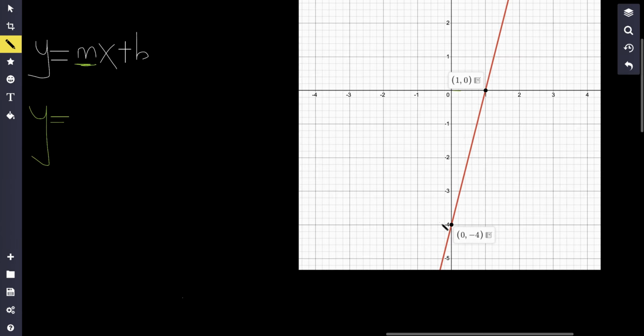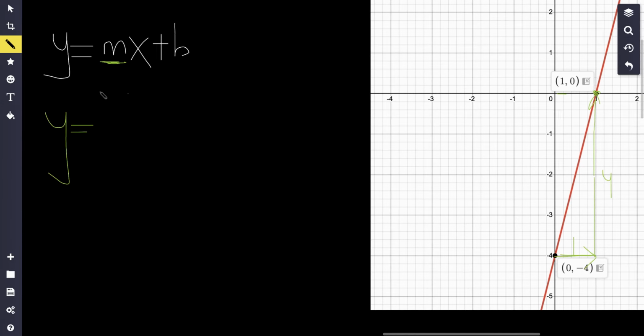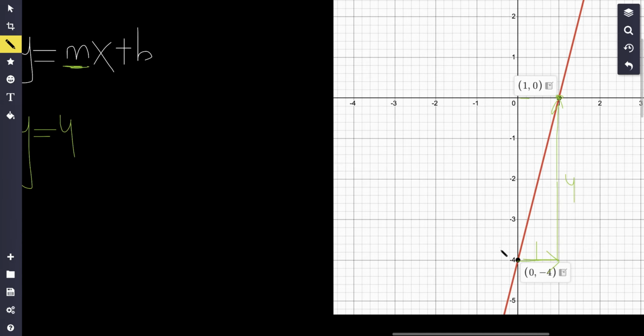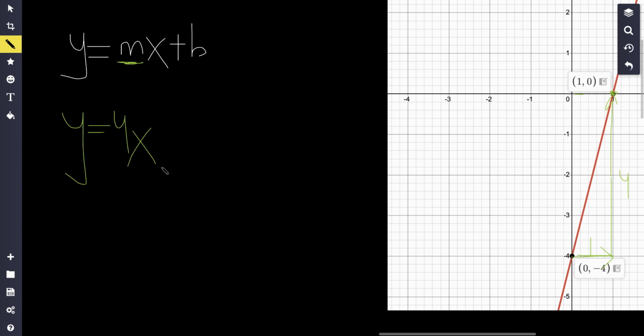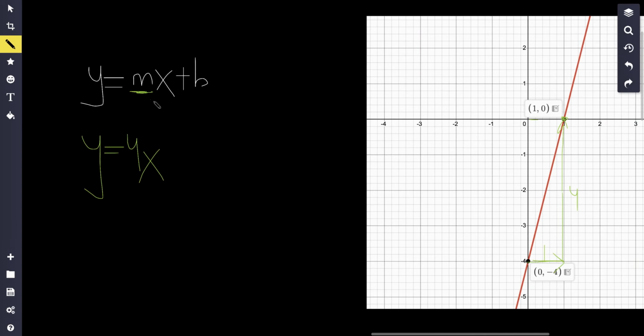So notice how when I move to the right by 1 unit, I move 4 units up. So every time I move 1 to the right, I move 4 units up. That means that my slope is going to be 4, right? Every time x increases, the graph increases 4 units in y. That's why I have a 4x here.